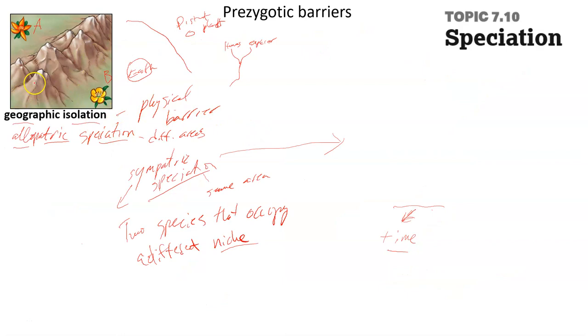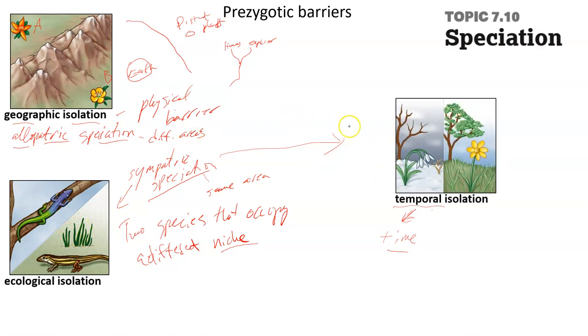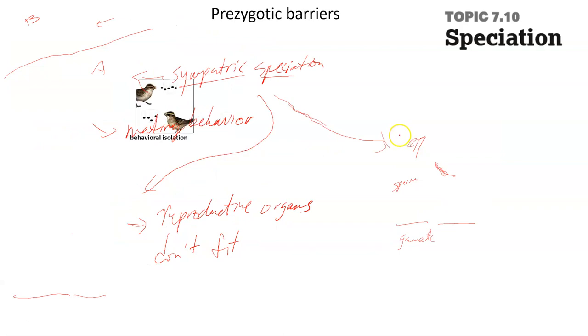This is a physical barrier, again, separating species A and species B. Ecological isolation, two species that occupy a different niche, possibly in the same ecosystem. Temporal isolation, species that breed at different times of the year, day, month, week. Species that breed at different times, right? That is temporal isolation.